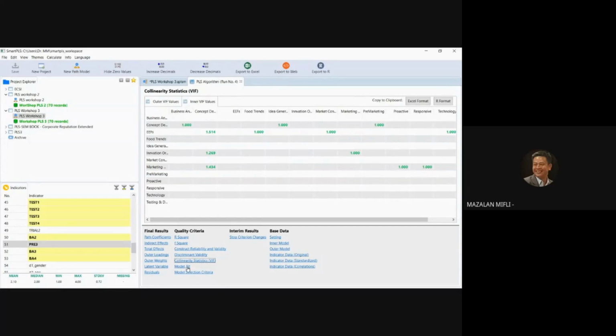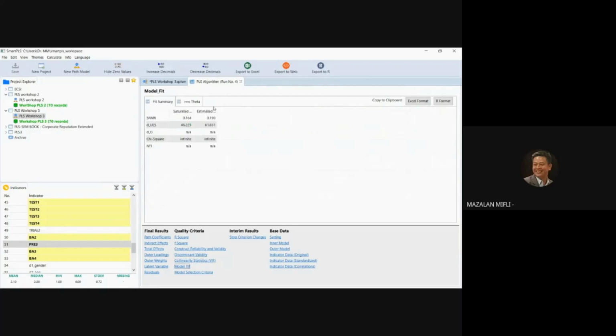And then we go to model fit, see how it goes. I doubt whether we're going to get a model fit here. For model fit, you look at the estimated models. The SRMR threshold is 0.08.